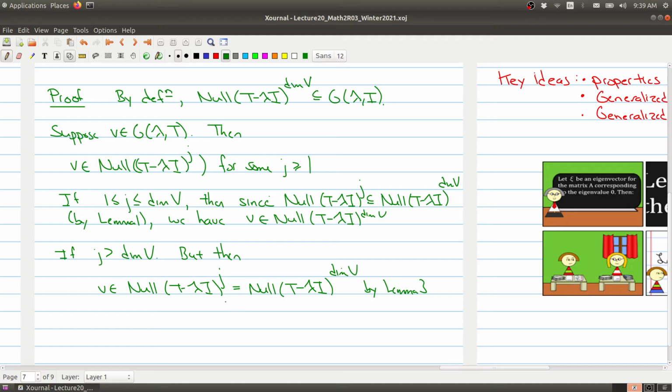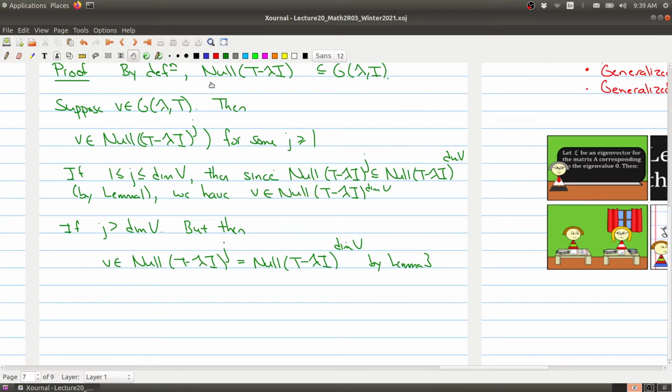Because remember, it says that by the time you get to the dimension of V, you've stabilized. And that's actually enough to finish off the proof, right? Because v is in the null space of (T minus lambda I) raised to the dimension of V.